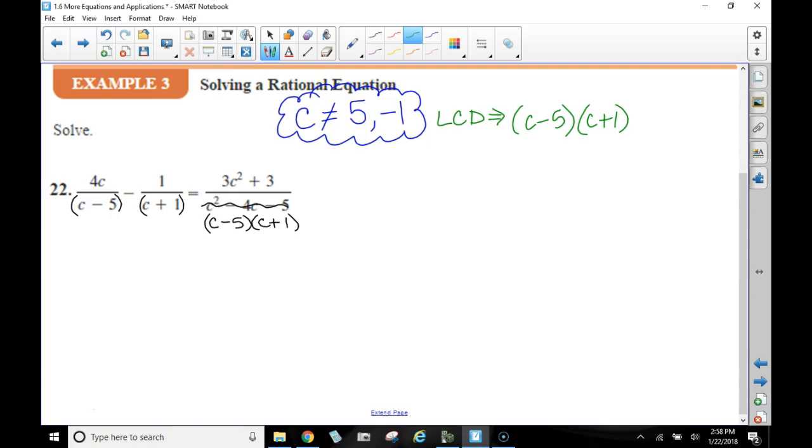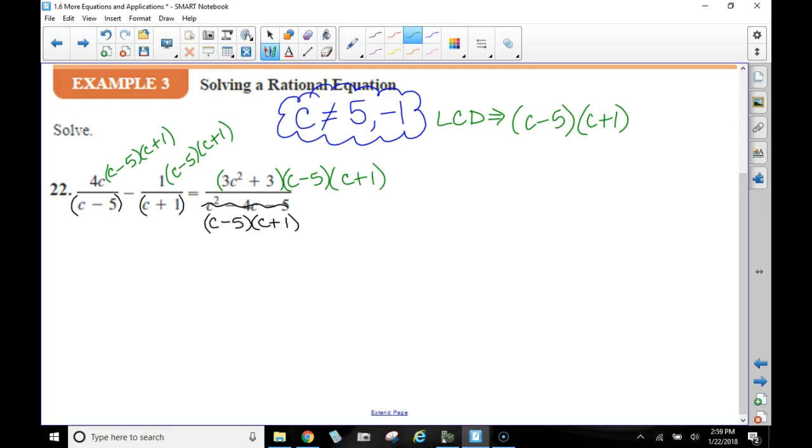So I'm going to multiply all three of my terms in my equation through by c minus 5 times c plus 1. Don't forget this side as well. I'm going to multiply that by c minus 5 times c plus 1.